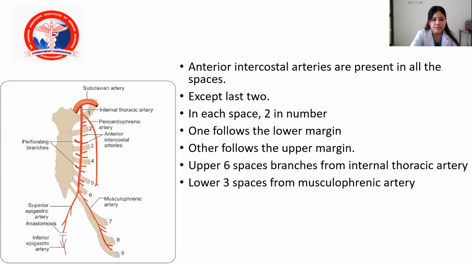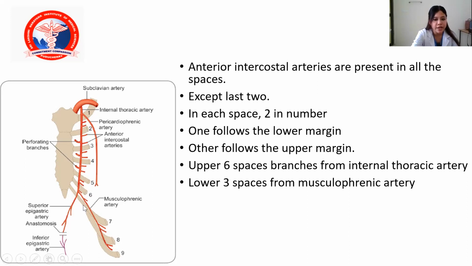In the upper 6 spaces, the anterior intercostal arteries are branches from the internal thoracic artery, which comes from the subclavian artery. It gives off two anterior intercostal arteries in each space up to the sixth space.